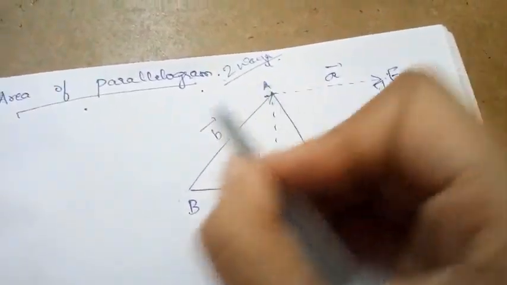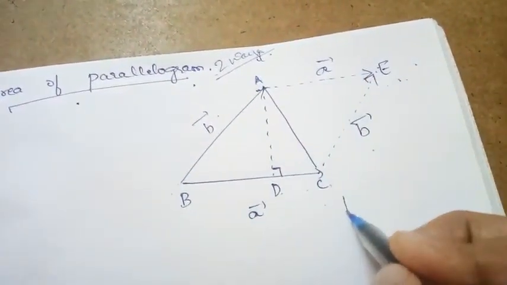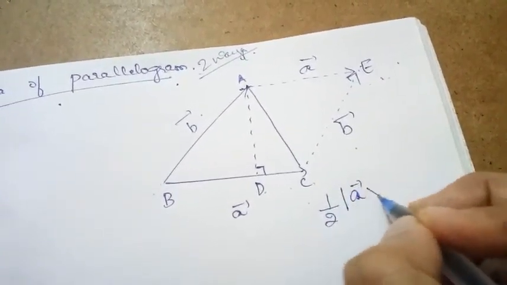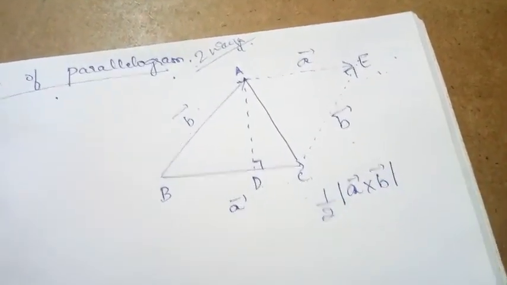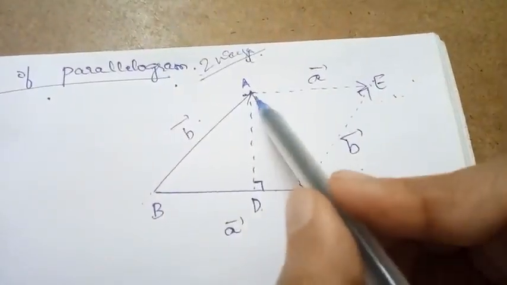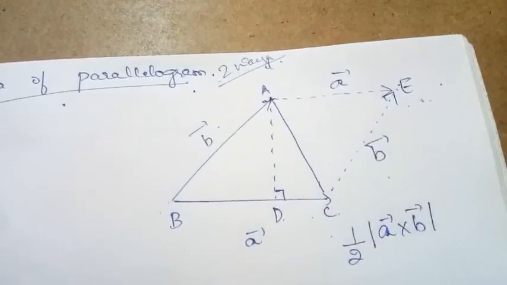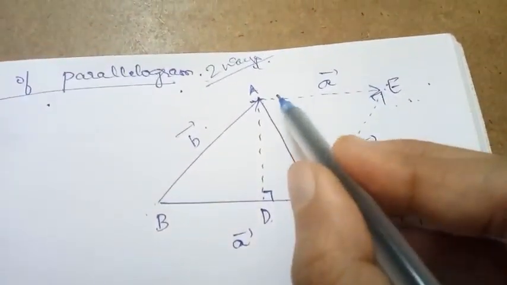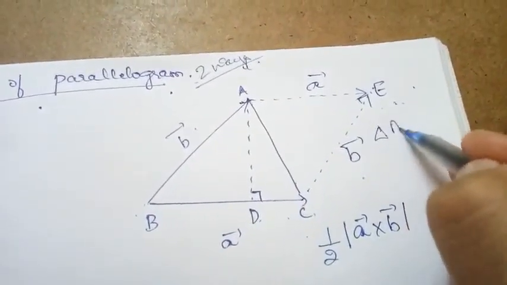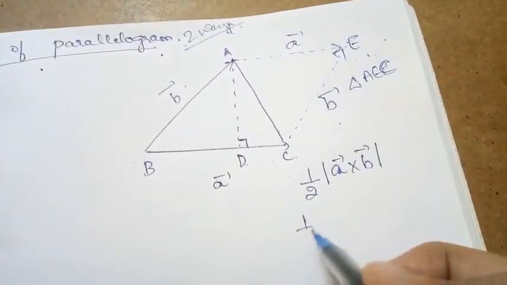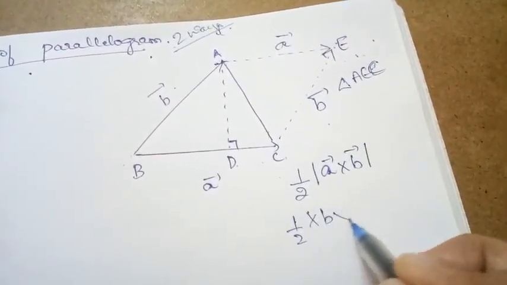So we already know the area of this triangle, it is nothing but half into magnitude of vector A cross vector B. So this area is also equal to this area, because if you didn't get it, you can see here, I consider the triangle AEC. If I consider the triangle AEC, again half into base into height.